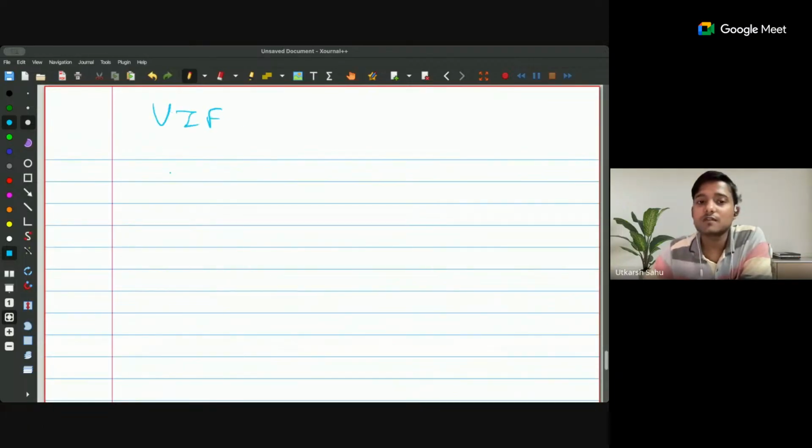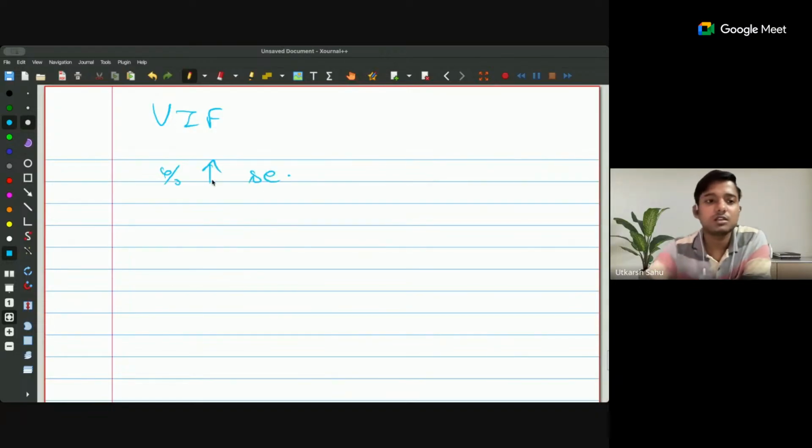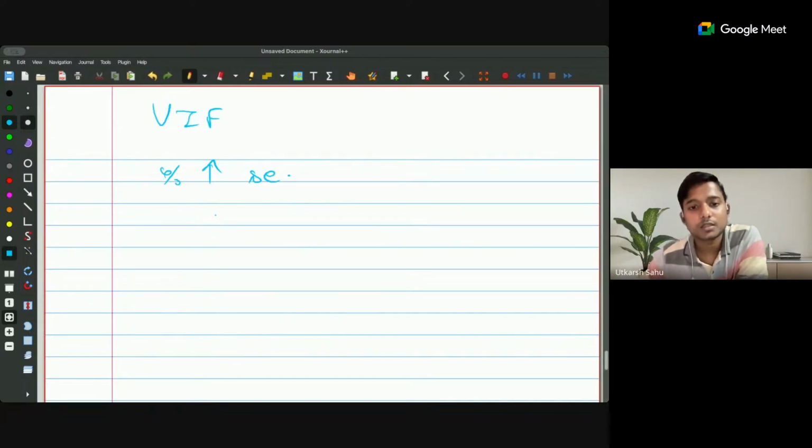And sometimes they have asked this thing, percentage increase in standard error. So remember, I think I shared this on Discourse. Standard error is proportional to the square root of VIF. So standard error in estimation of a parameter, let's say beta k, if you don't have VIF, you will have something, let's say 1.